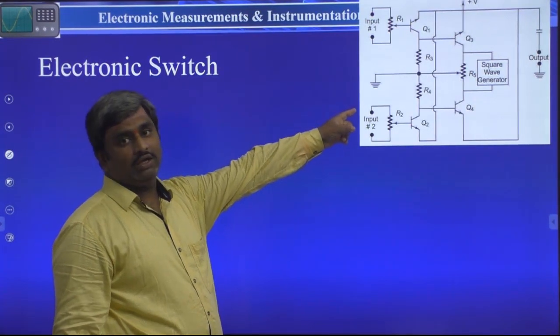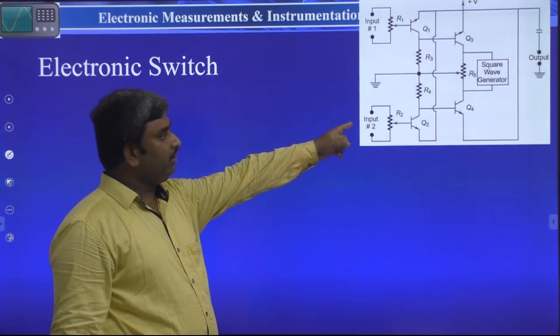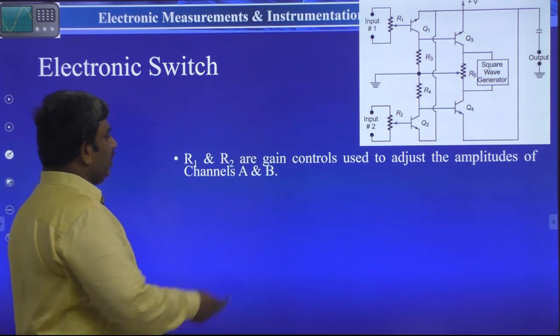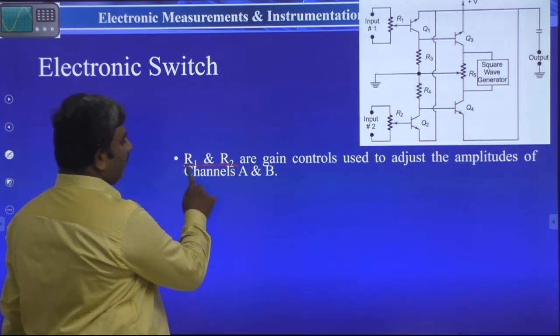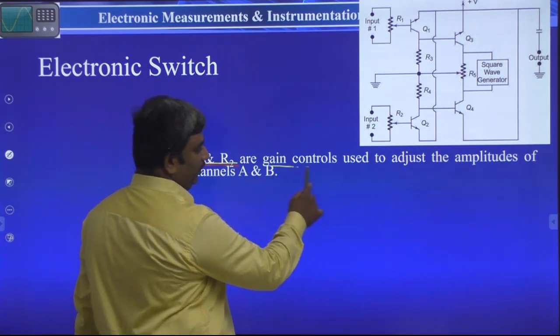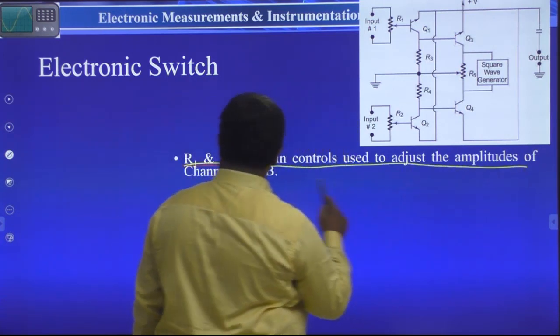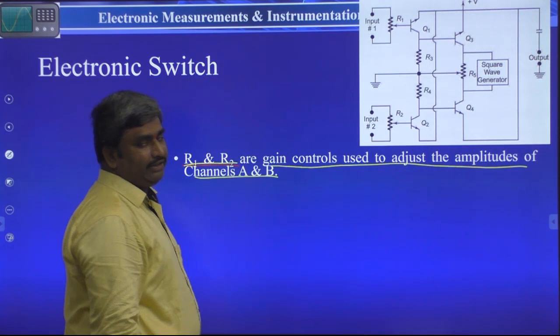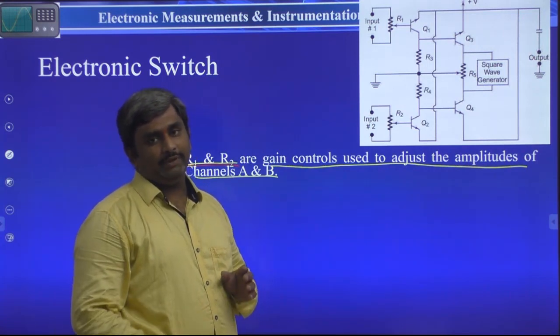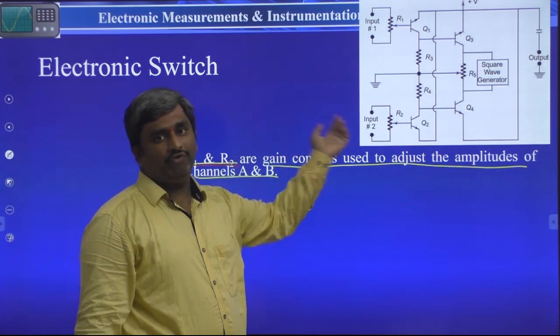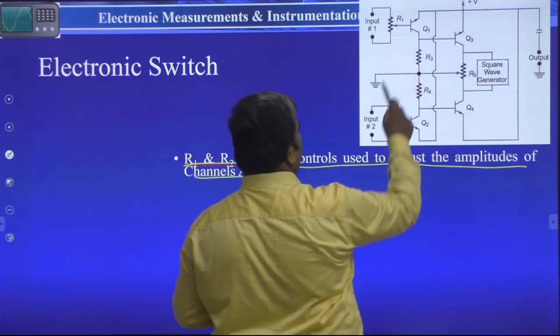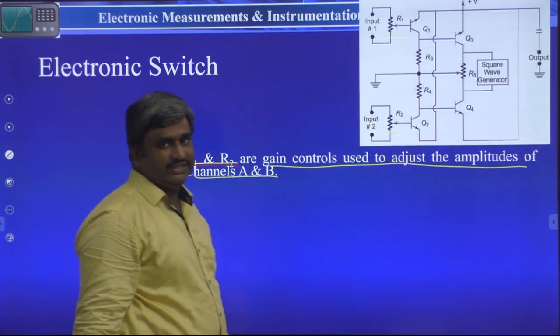I have placed the circuit diagram again. Now we will see the discussion. Here R1 and R2 are the gain controls used to adjust the amplitudes of channel A and channel B. Channel A amplitude and channel B amplitude we can adjust with the help of the R1 and R2 resistors.